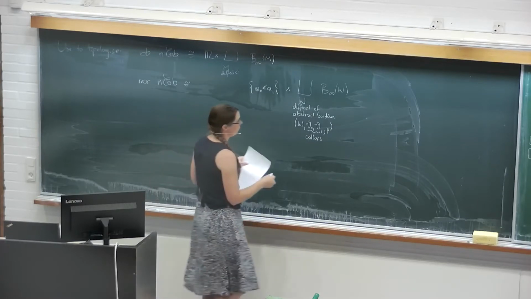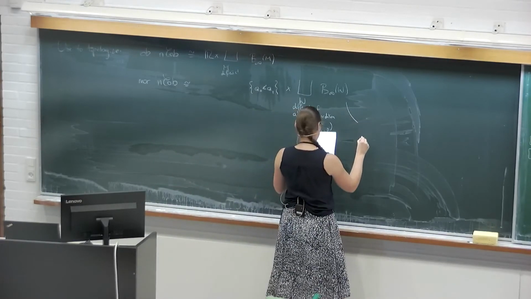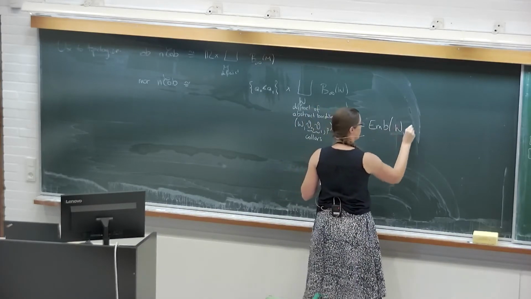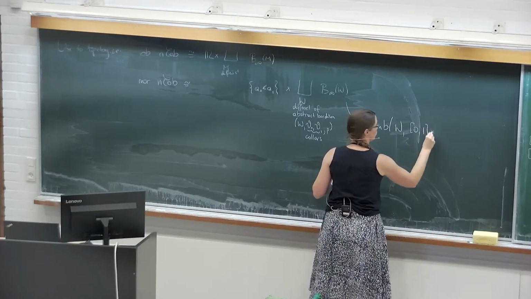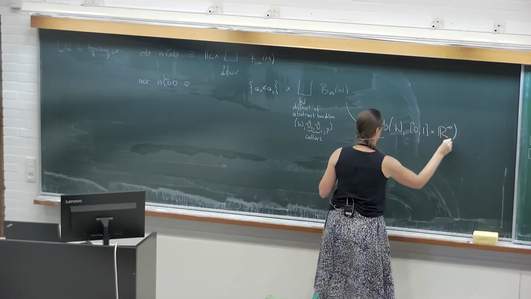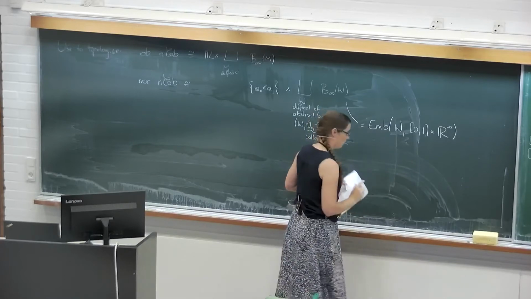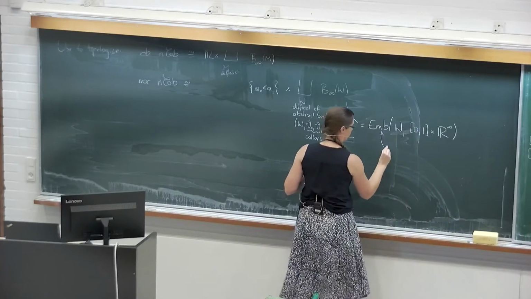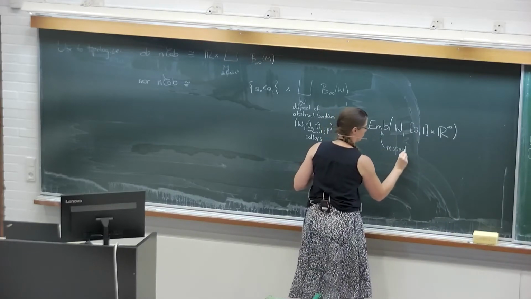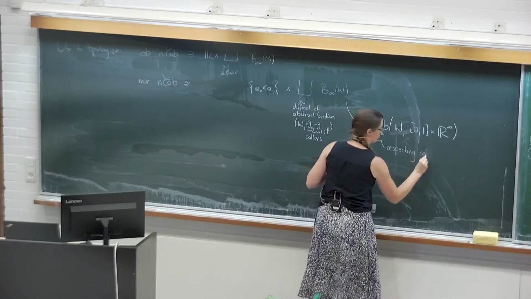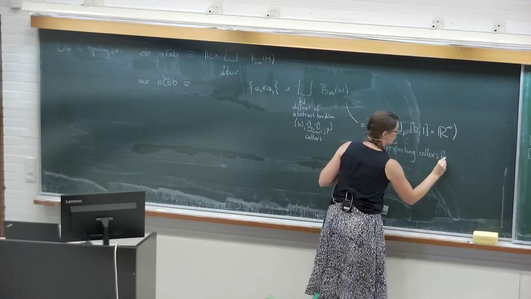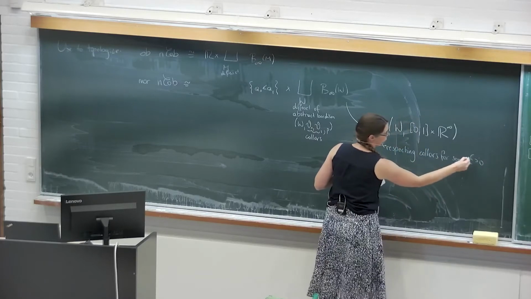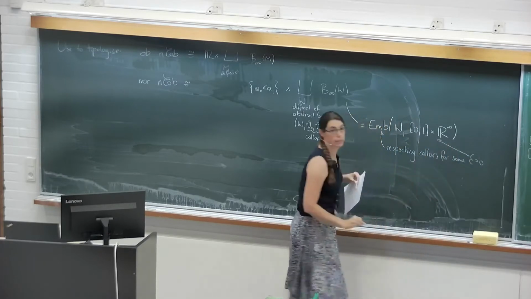So this thing here are embeddings of W into [0,1] cross R infinity. And these embeddings should respect collars for some epsilon greater than 0. So this epsilon gives me a collar here, right?